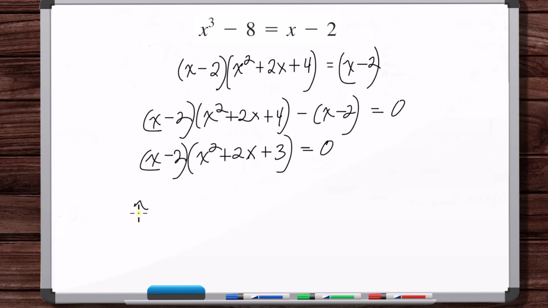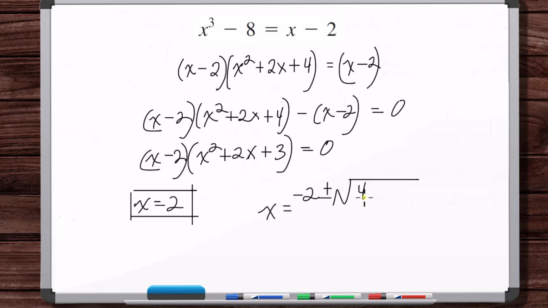x equal to 2 is going to be a solution, but now let's use the quadratic formula to solve this. So minus b plus or minus the square root of b squared minus 4 times a times c, all over 2a. So minus 2 plus or minus the square root of 4 minus 12, which is minus 8.